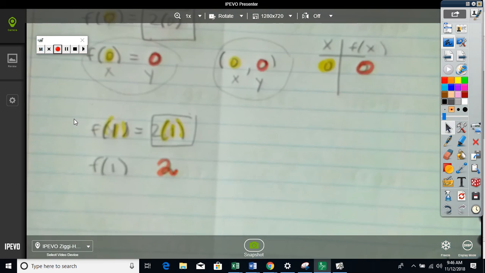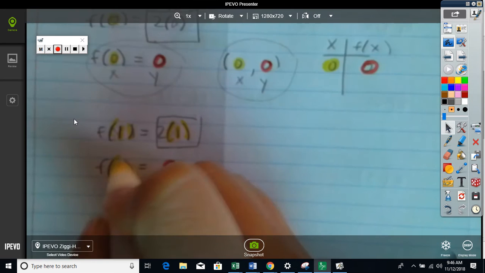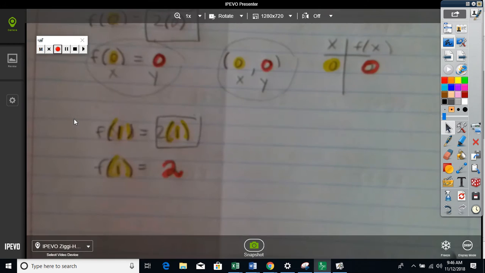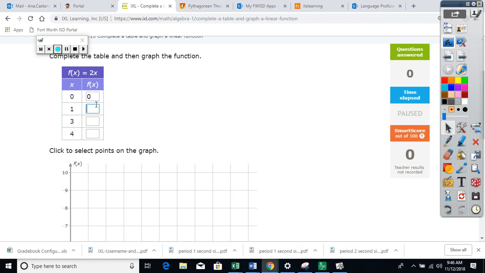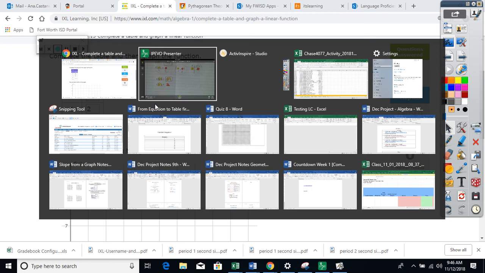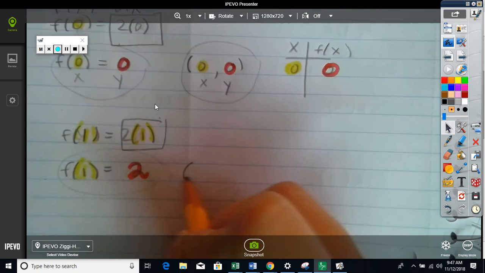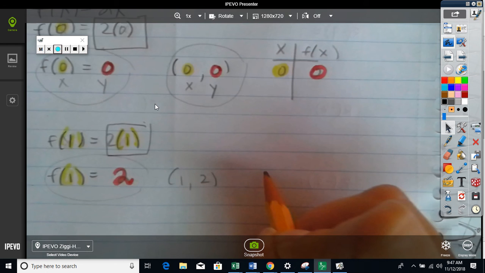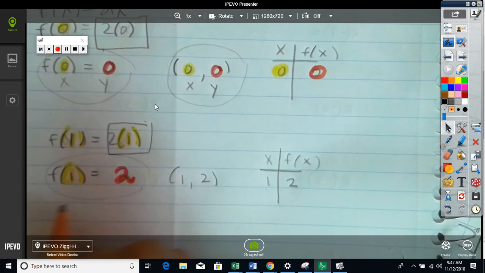That's my input, what I put in the equation, and what I got out of the equation was the 2. So here I put 2. Remember the different ways that you could write it? You could write it like this, like this, or like this. It's all the same thing.